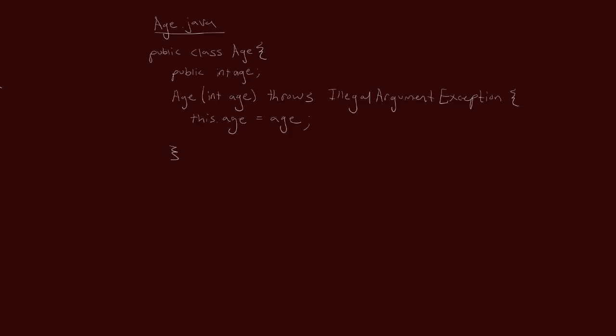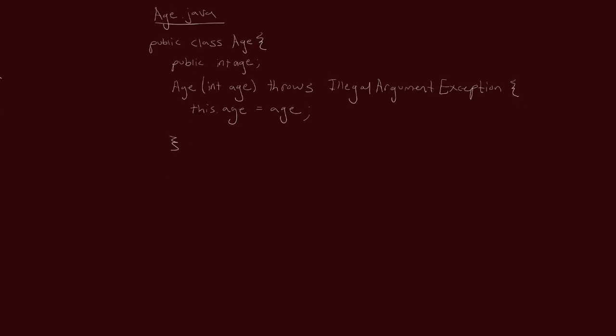Close this. Now we're going to have a method. So we'll do public void check age. So we're going to check if this is a valid age. So check age is going to possibly throw an illegal argument exception.